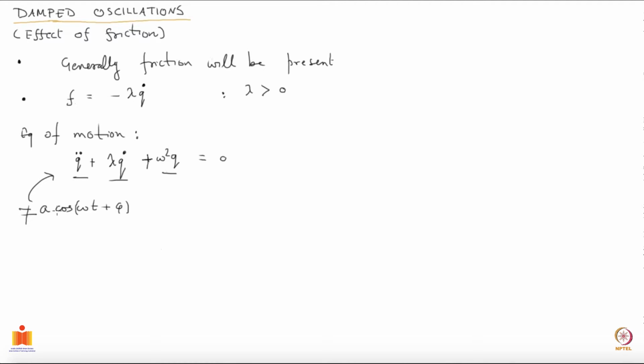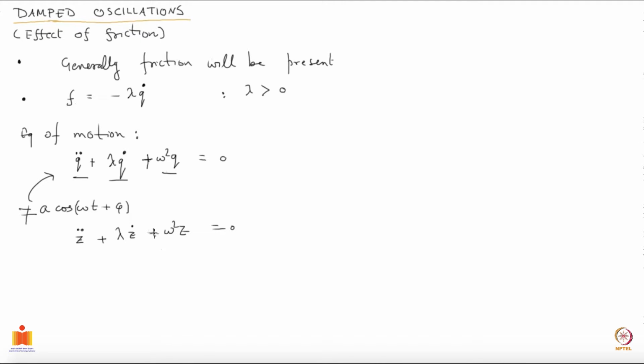A simple trick will make our life easy. Instead of choosing q as the coordinate, which is real, I go to complex variables, and I define a new equation, z double dot plus lambda z dot plus omega square z equals 0, where lambda is still the same as above, a real quantity.